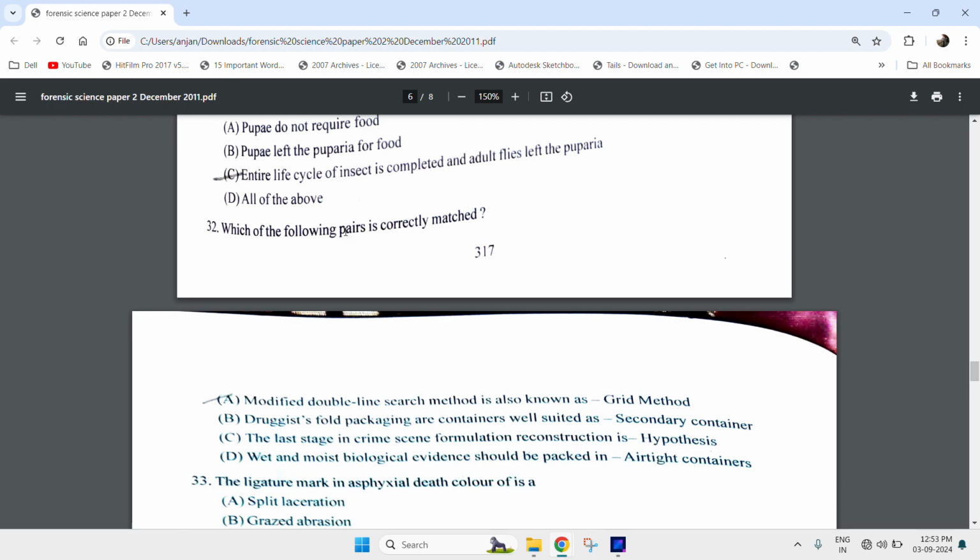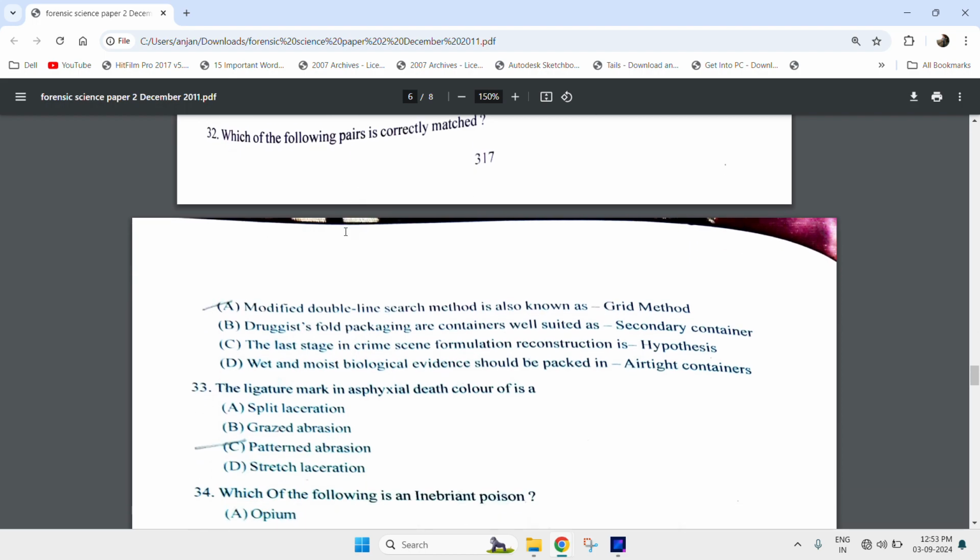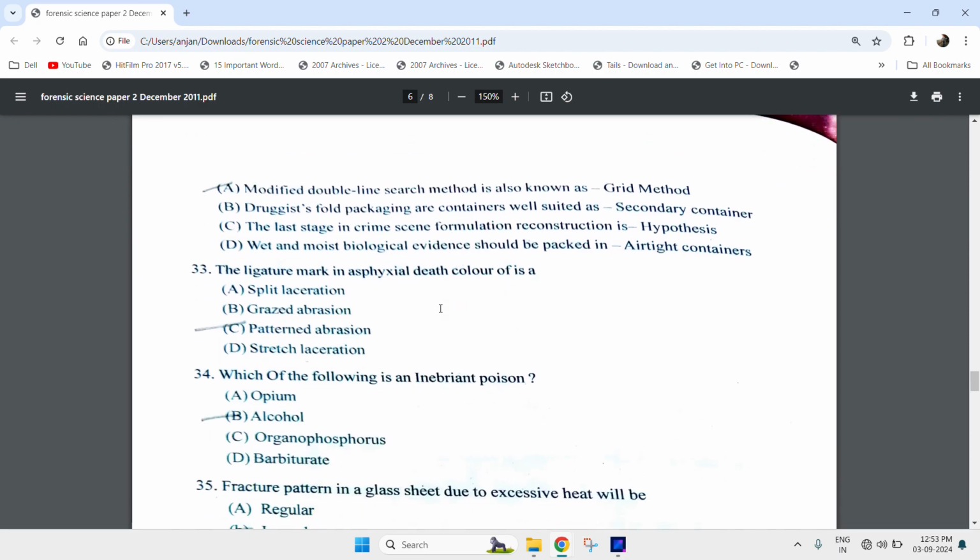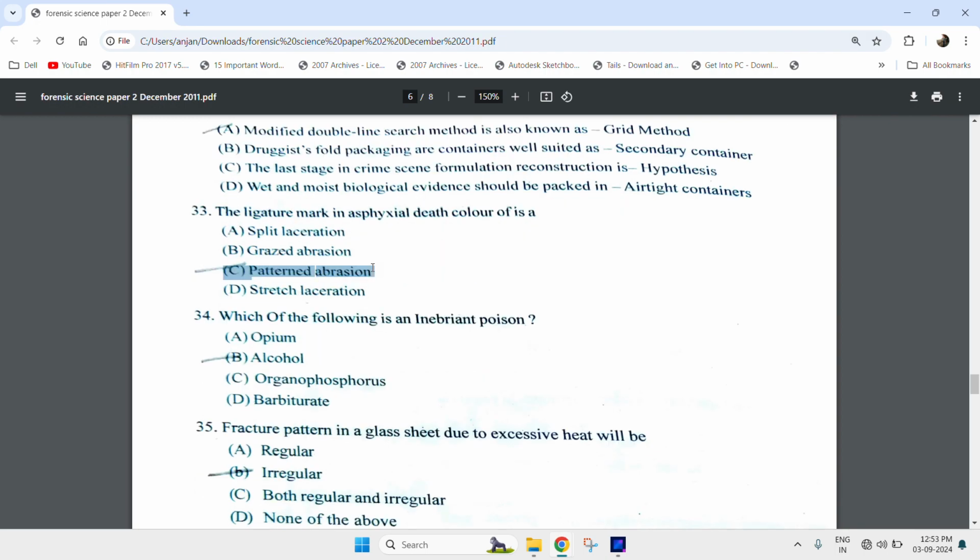Which of the following pairs is correctly matched? Modified double-line search method is also known as grid method. The ligature mark of a special death is a pattern abrasion. Which of the following is an inebriant poison?